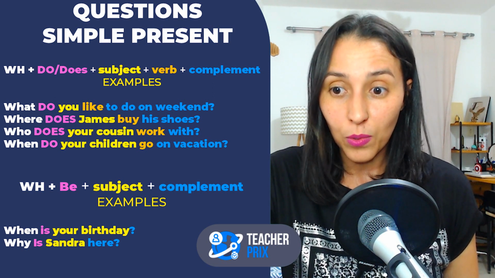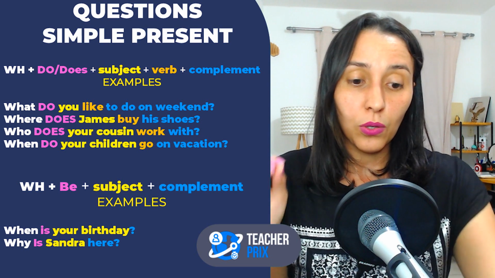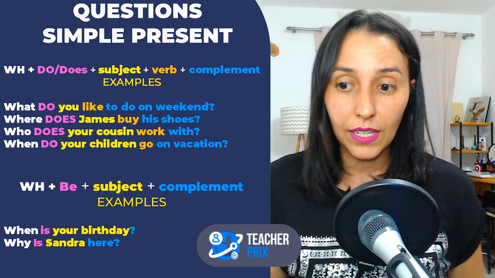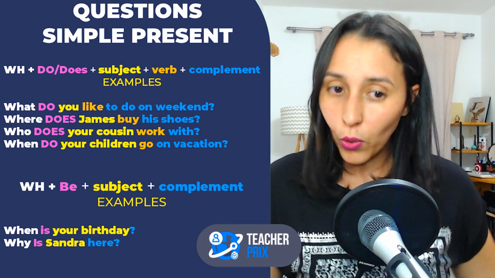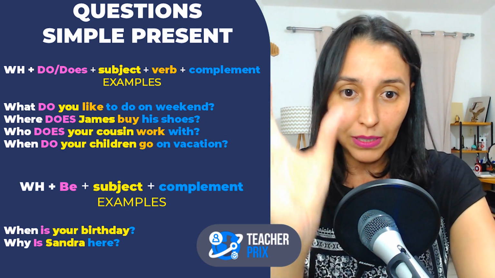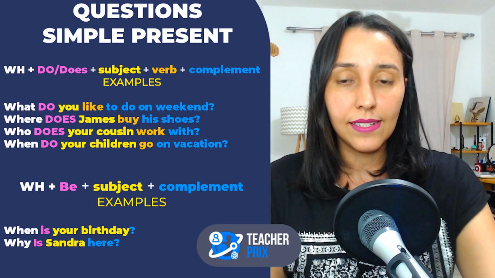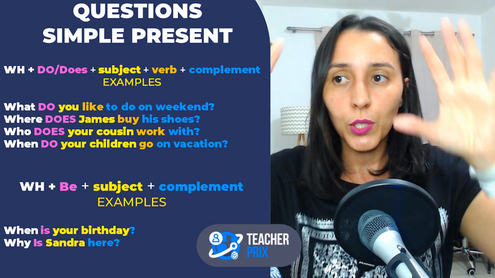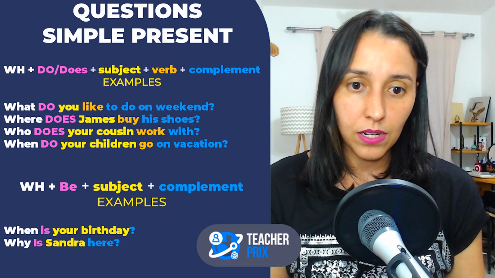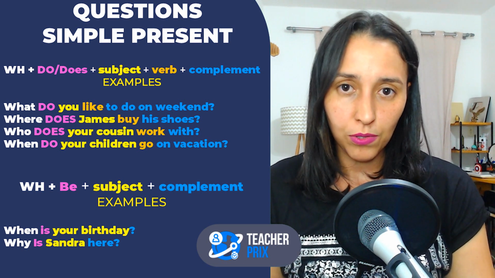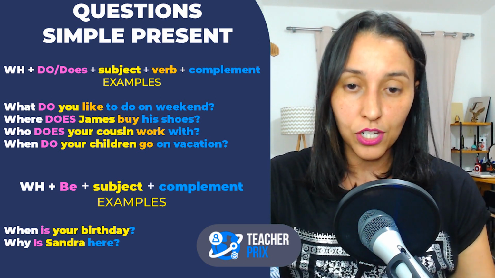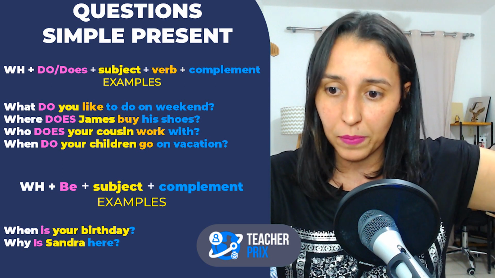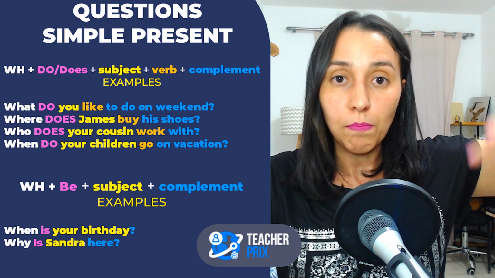So you cannot use verb to be to ask all kinds of questions. So I believe that by looking at this slide with the colors, you will be able to better understand when you use verb to be and when you use do, does.